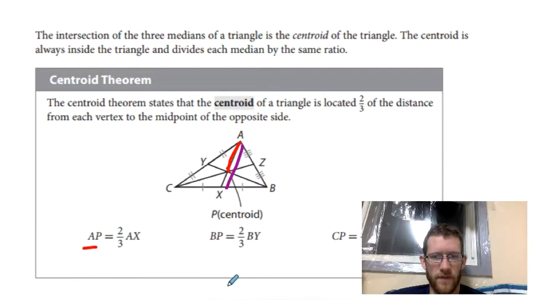So this one here. So for example, if we knew that YP was, say, 5, and I asked you for PB, you would know that since PB is 2/3 and this is 1/3, this would be 10, right?